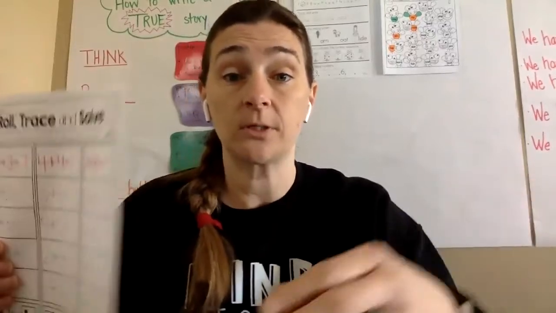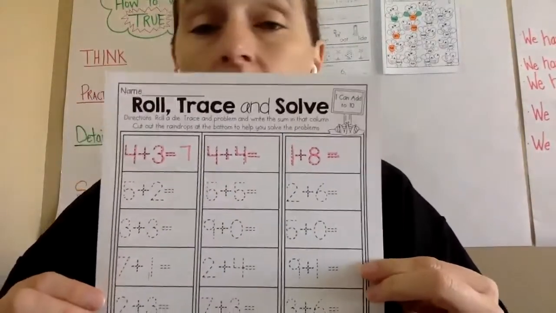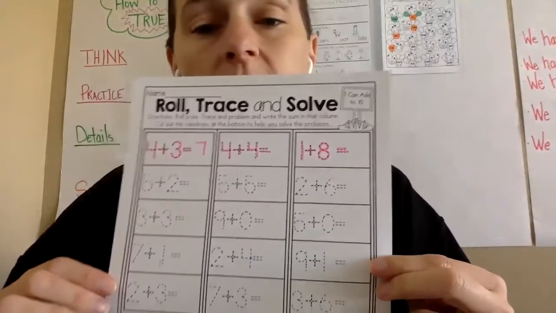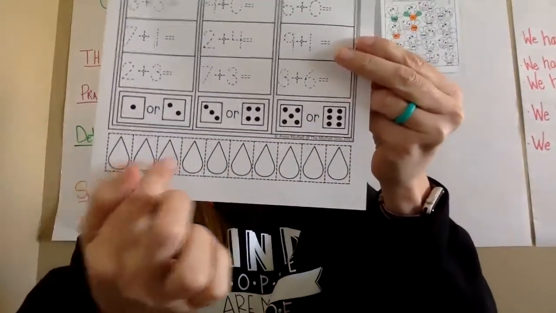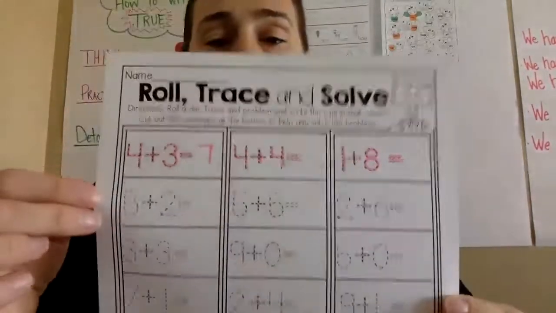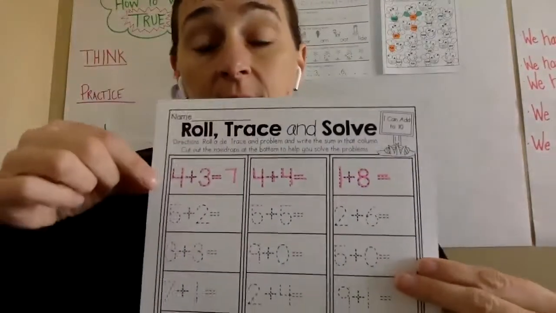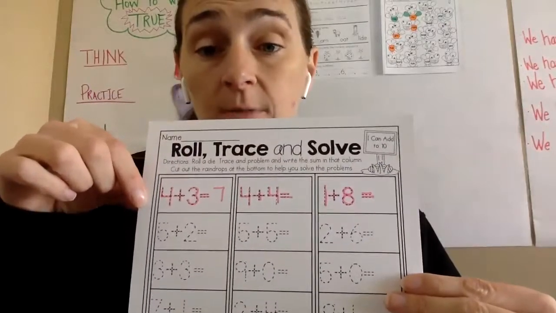The next paper looks like this. It says roll, trace, and solve. Now, we're not going to do the rolling part, so you don't need to worry about all these things down here or these things right here, okay? All that you are going to do is trace the numbers and then solve using all of the strategies we've talked about.